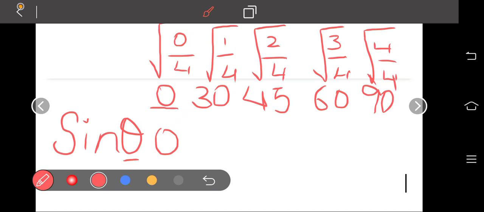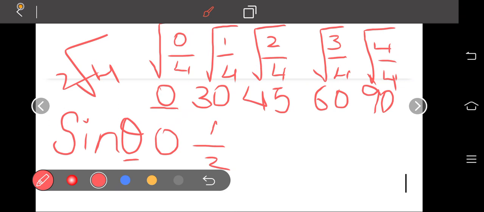Root 1 is equal to 1 and root 4 is 2, right? Root 4 is equal to 2 only. So 4 will go 2 times in the 2 table, so 2.